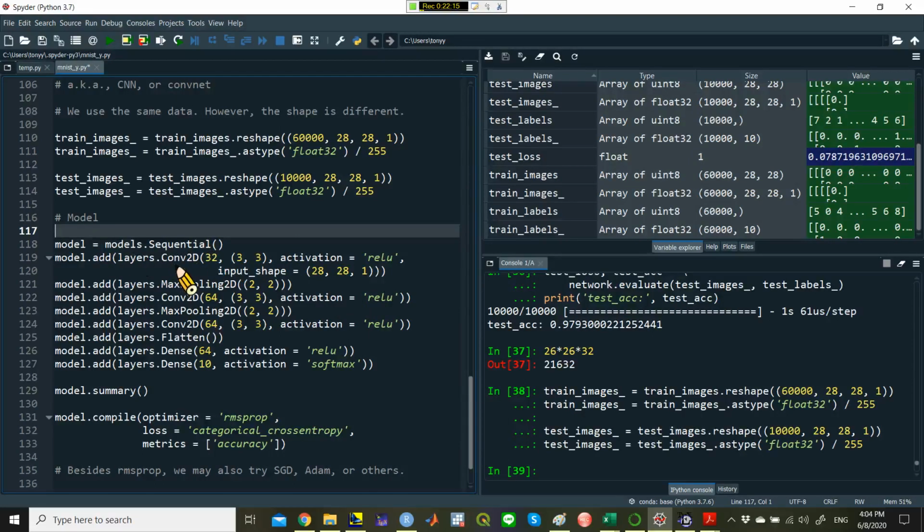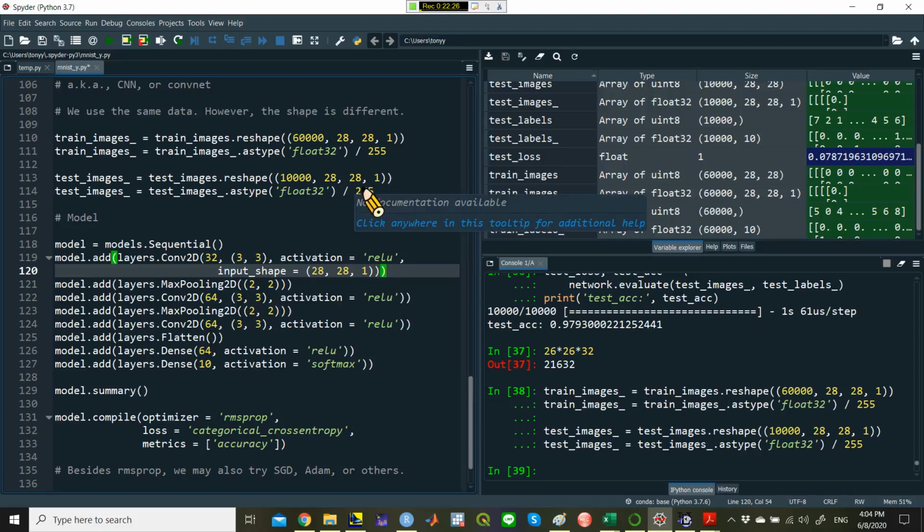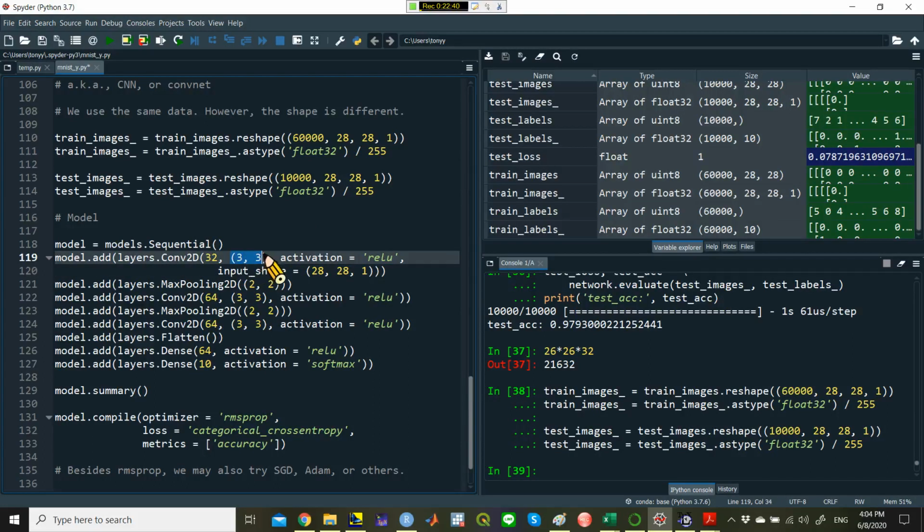For the first hidden layer, we want to split our 28 by 28 matrix into 26 by 26 overlapping 3 by 3 matrices. We say we want our sub-image to be 3 by 3. Somebody might like to use 2 by 2 or 5 by 5, but most people will just use 3 by 3.